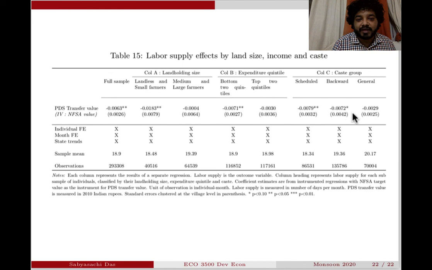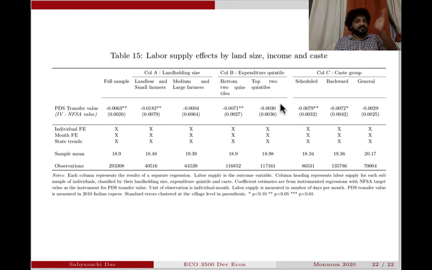And if you look at it by caste group, it is driven by the scheduled castes and the OBCs, and not driven by the general category. So this is the heterogeneity analysis of this treatment effect.